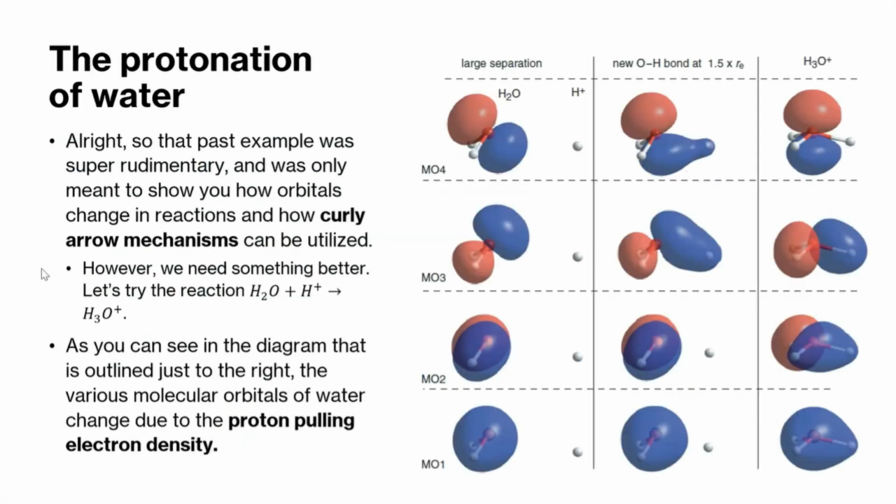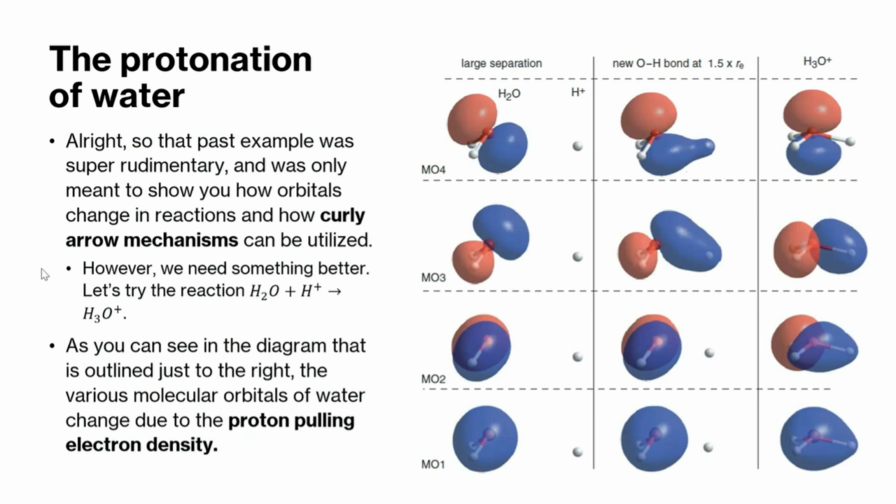That past example I went over about the hydride ion and proton was kind of trivial and super rudimentary. Now we need to do something better, which is the reaction known as the protonation of water. In this reaction, we have normal H2O and a proton. This occurs when you dissolve anhydrous acid in water.